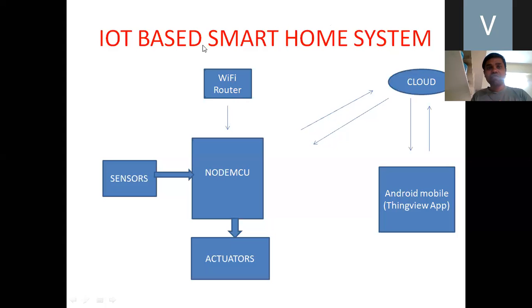This is the IoT based smart home system. Here we want to interface only two or three sensors. We want to send the data to the cloud, retrieve the data from the cloud, and send an alert to a particular person's Twitter account.